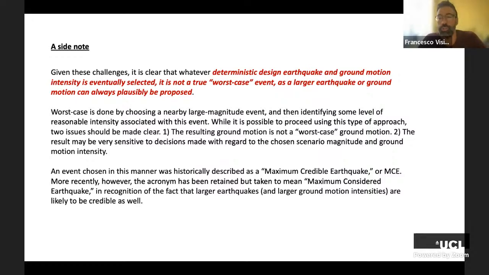We are always talking about probability. If we use the median, there is a 50% chance of exceeding that value. If you use another percentile, we have a different probability of exceedance. But maximum magnitude and maximum ground motion are concepts that we should abandon.